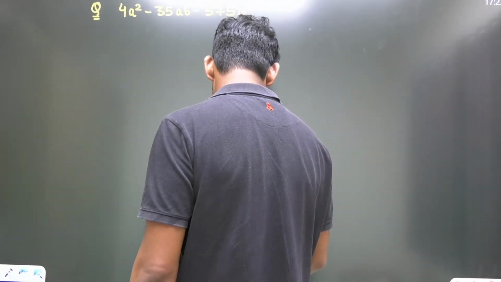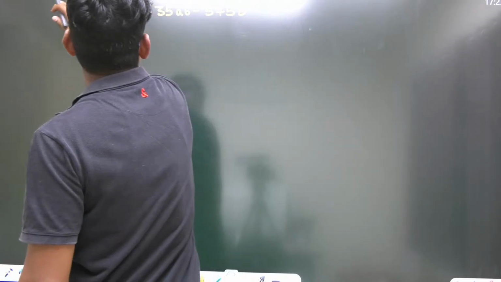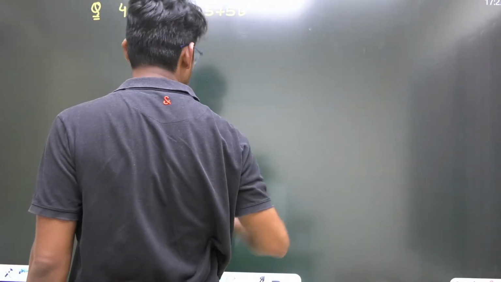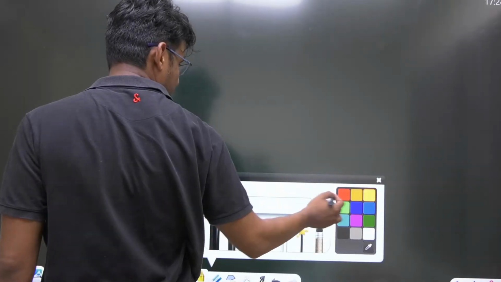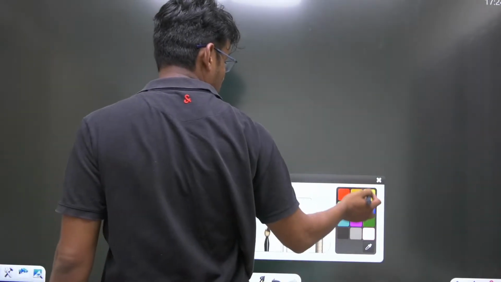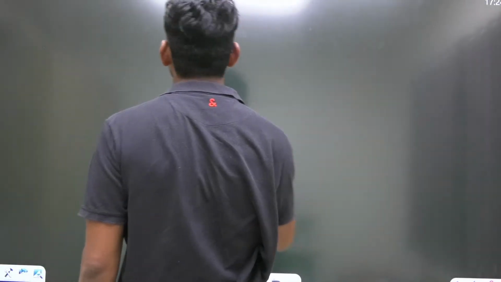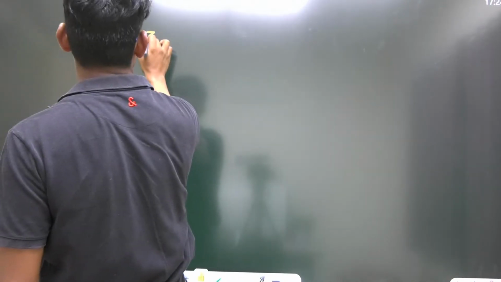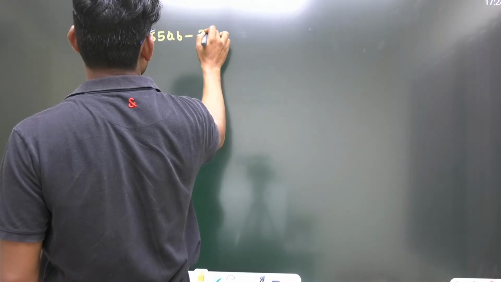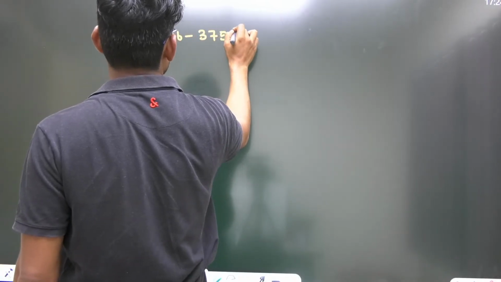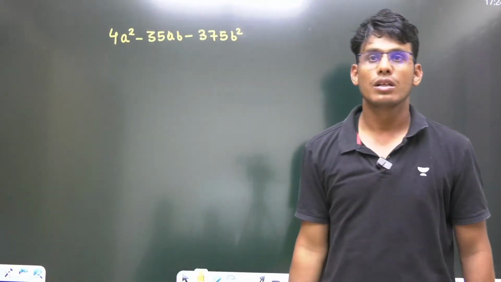I think it is not visible. So I'll write a bit down. Four a square minus 35 AB minus 375 B square, right?